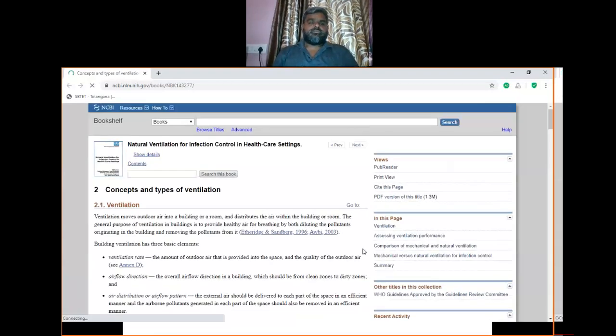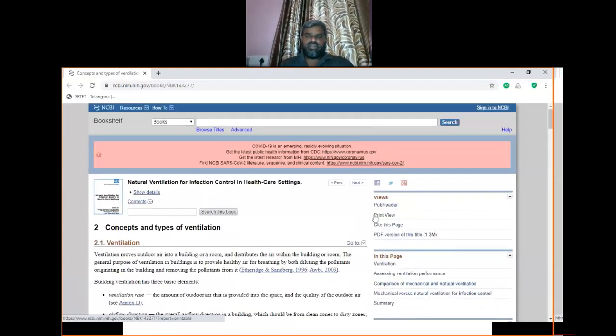This is a very good article which is published on ventilators in NCBI: natural ventilation for infection control in healthcare settings.